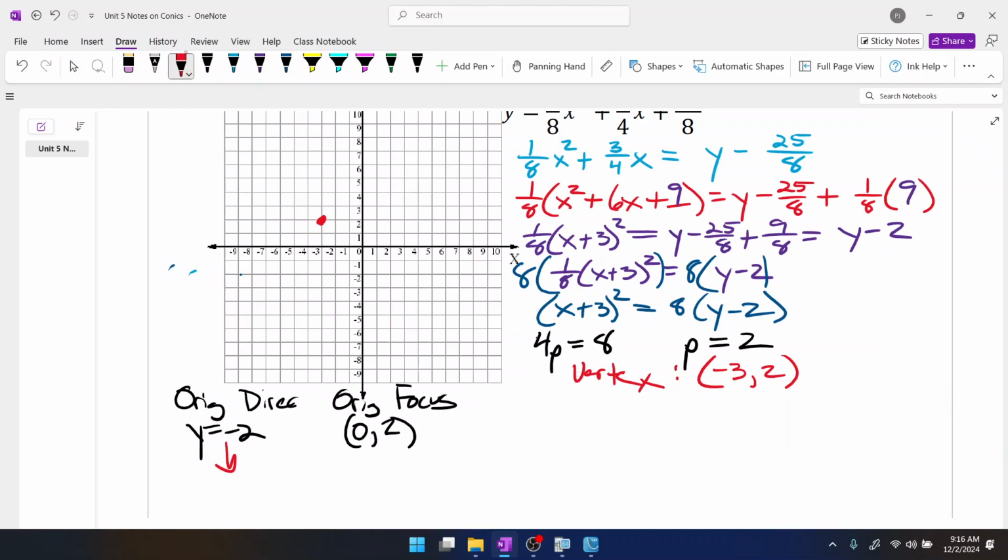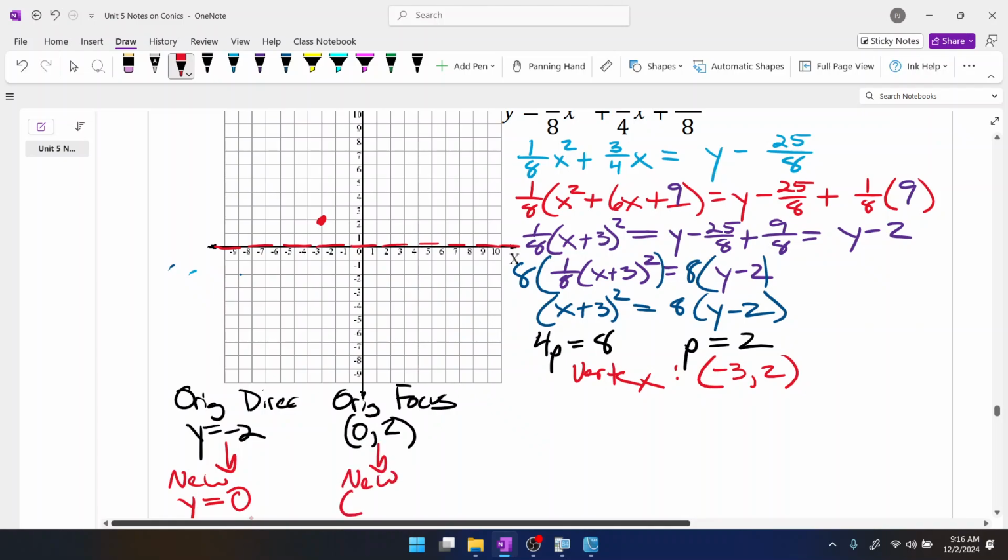So the new directrix will be y equals what? 0. And then the new focus will be located where?